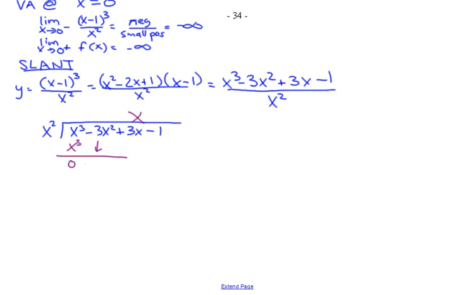Bring down the minus 3x squared plus 3x minus 1. What times x squared gives you minus 3x squared? Negative 3. Do you actually have to continue anymore? No, so we know we have a slant asymptote, because we have our mx plus b now. We don't have to figure out the remainder, which will approach 0.